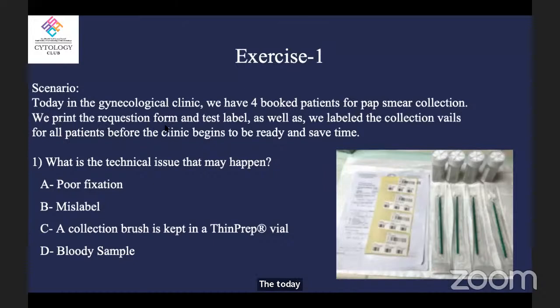We printed the requisition form and test label, as well as labeled the collection vials for all patients before the clinic began, to be ready and to save time. So what is the technical issue that may happen? Poor fixation, mislabel, a collection brush kept in the ThinPrep vial, or bloody smear.